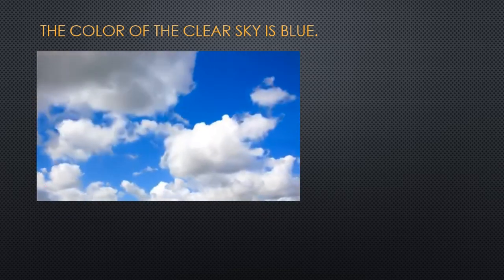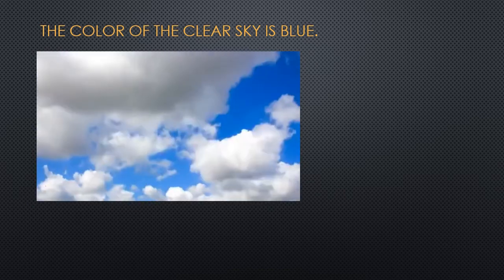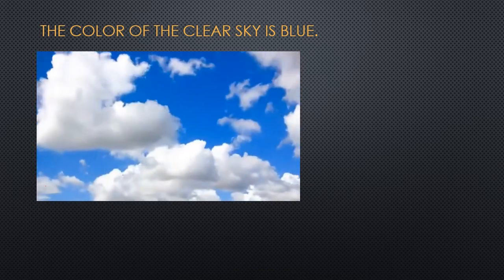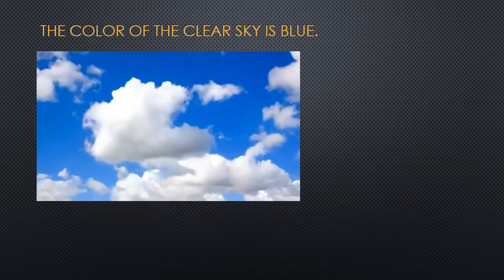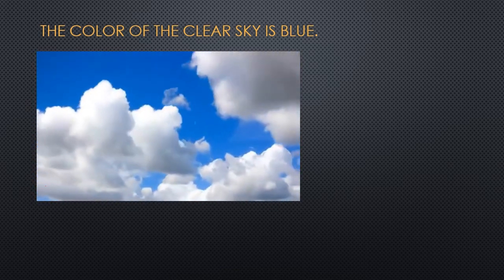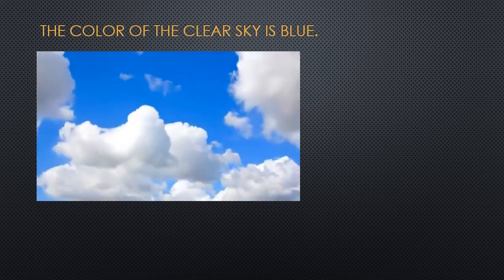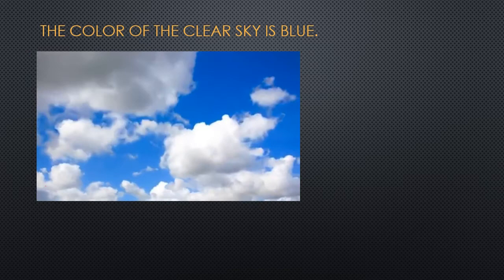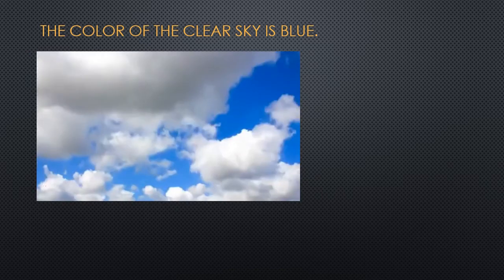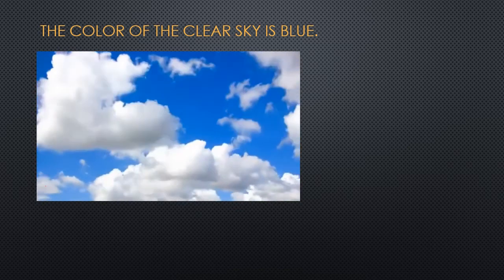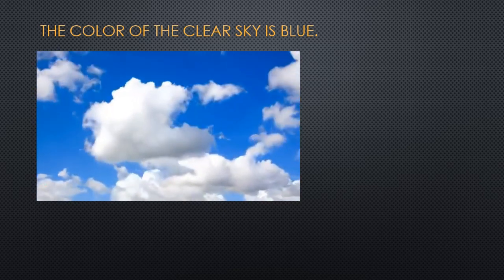The molecules of the air and other fine particles have a very small size compared to the wavelength of the visible light. Because they are smaller, they are more effective in scattering light of shorter wavelength. As we have discussed, white light is made of 7 colors. All the colors have different wavelengths. The shortest is the blue light.